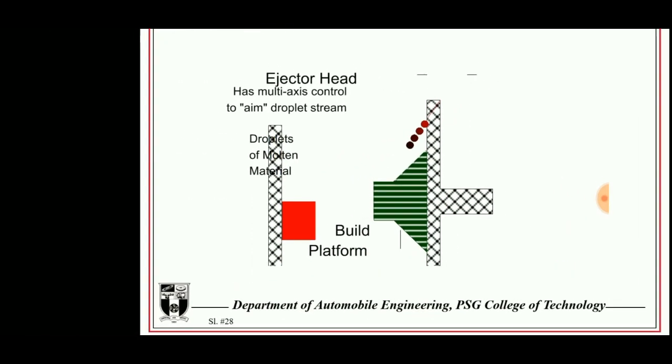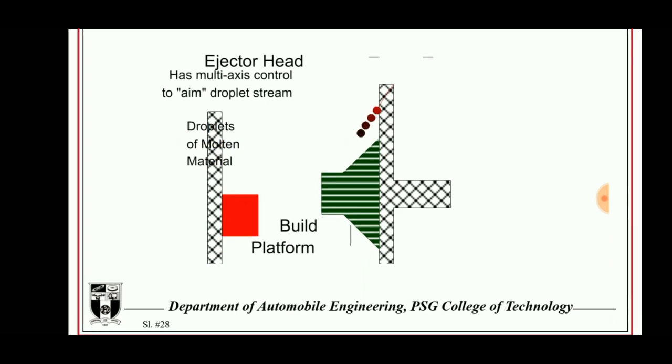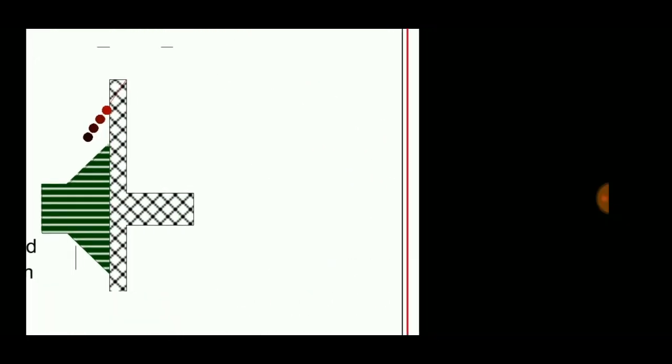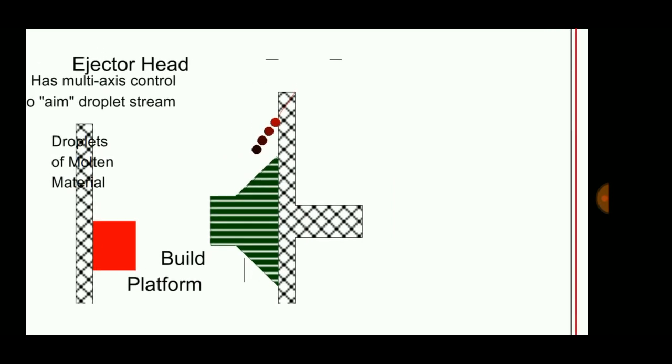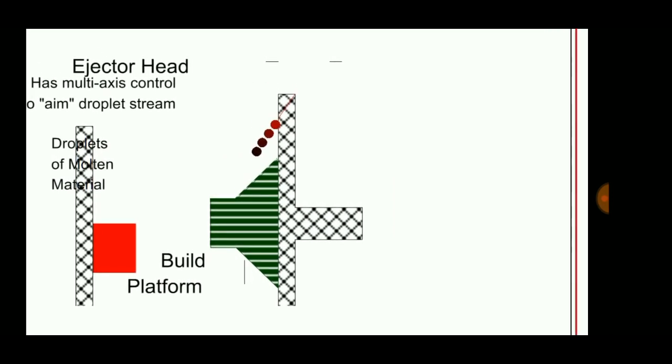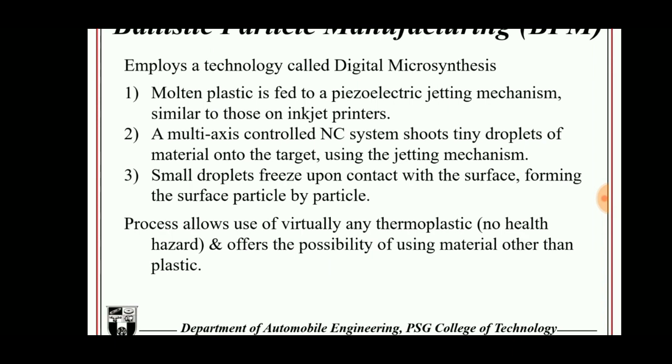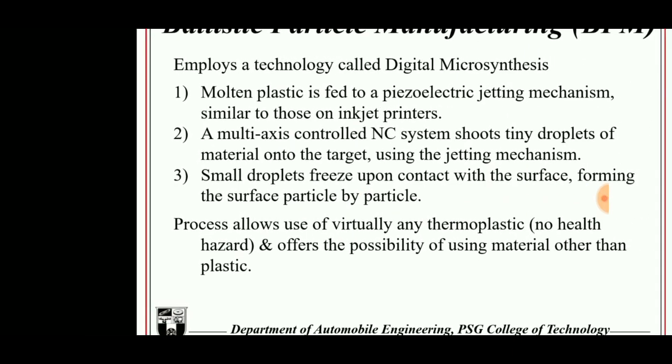It includes a surface which is used to build the model that is derived from a CAD model. This system uses a nozzle with a jetting mechanism, that is, a piezoelectric jetting mechanism similar to an inkjet printer.